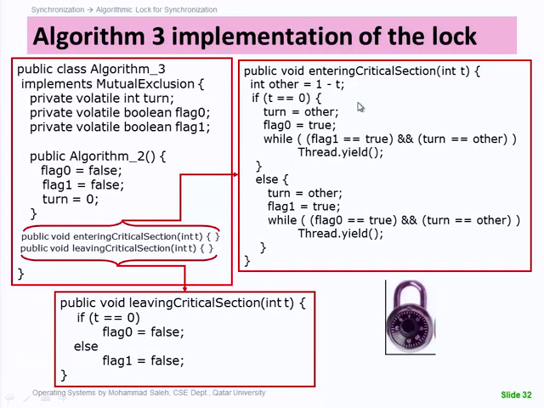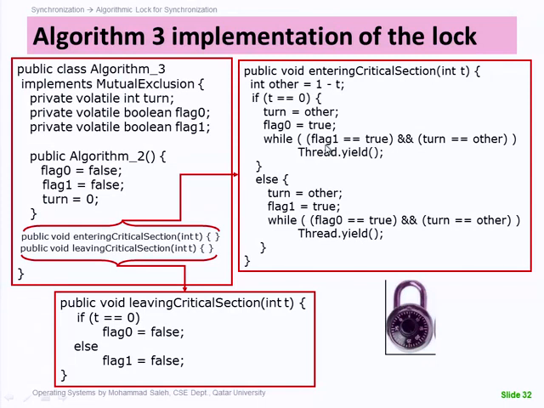A thread willing to enter a critical section will set its flag to true. This is for thread 0, and the same for thread 1 as well. This is a duplication of code, which shouldn't be there if we have multiple threads. Later on, we can manage that. But it will set its flag to true, and then it checks two conditions. Both should be true for it to suspend itself.